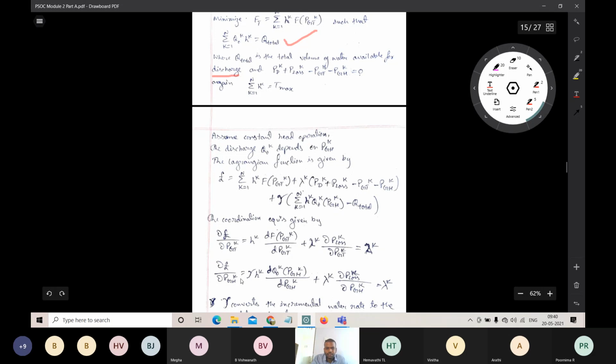And the same procedure is repeated for hydel. I have used it for thermal, and the same thing applies for hydel. So the hydel equation has this constraint, so use the gamma constant also. Gamma hk dq naught k by dPGHk plus lambda k into losses.